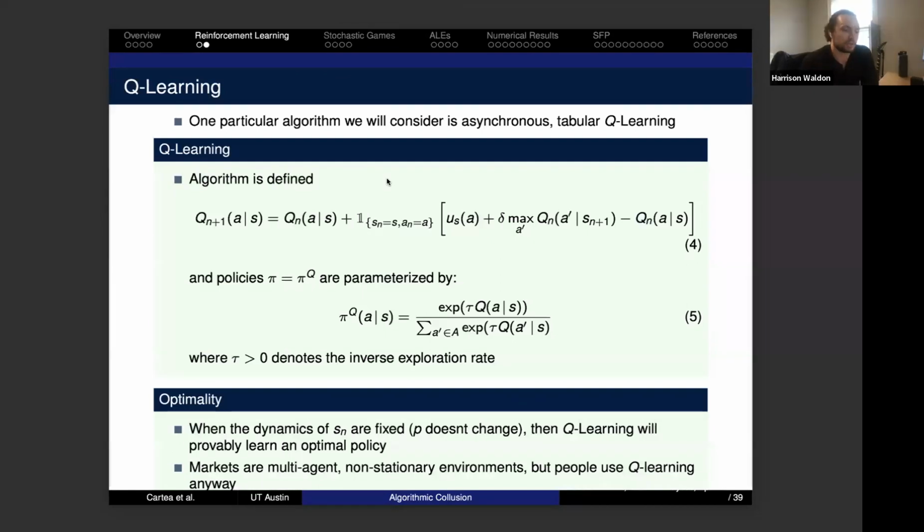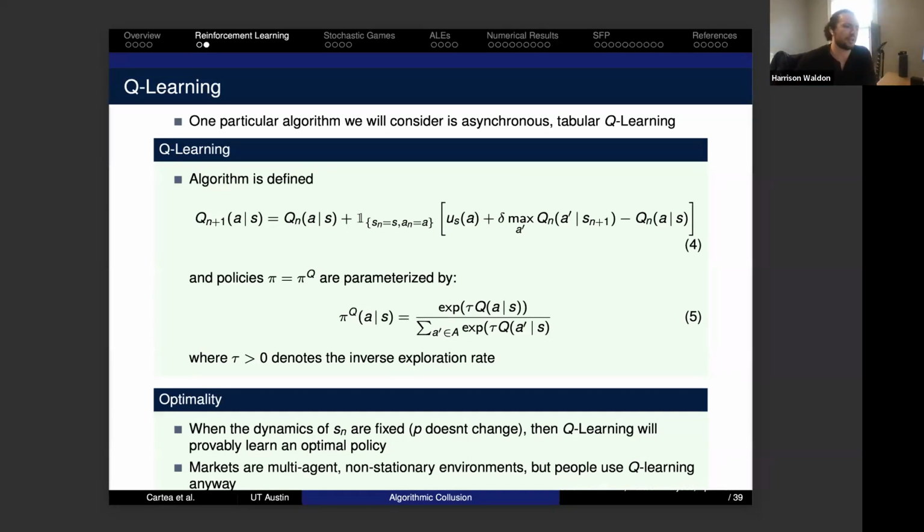This is a very general way of presenting RL, and a wide class of algorithms can be understood this way. One particular algorithm we'll focus on is asynchronous tabular Q-learning. Q-learning at its core is very simple, but serves as the basis for a large number of more complex algorithms, such as the DQN algorithm, which is a very popular deep reinforcement learning algorithm, which achieves superhuman performance on learning how to play Atari games from pixel data.